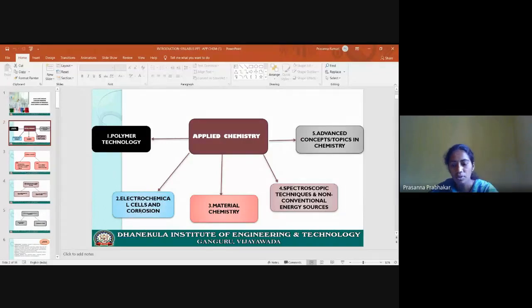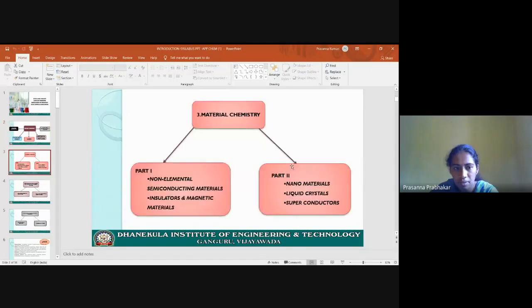Polymer technology is one complete unit. Electrochemical cells and corrosion is a simple unit. Material chemistry consists of 2 parts, the fourth unit also consists of 2 parts, and the fifth unit is a common unit. The third unit has part 1 and part 2.